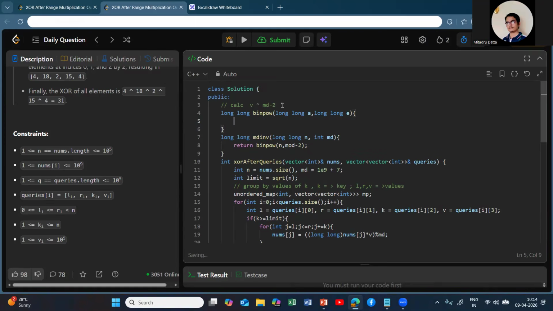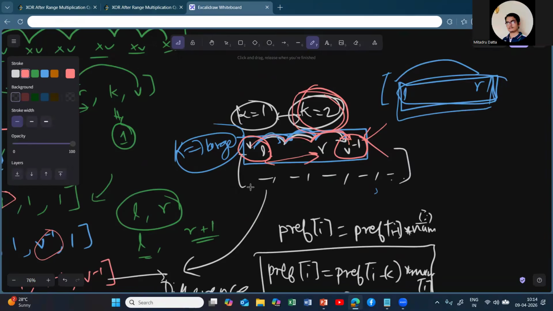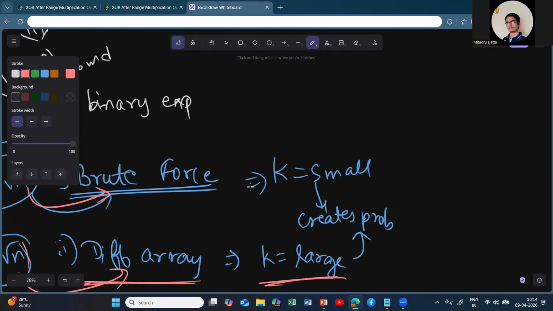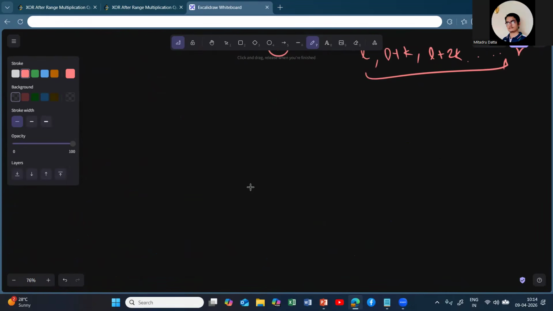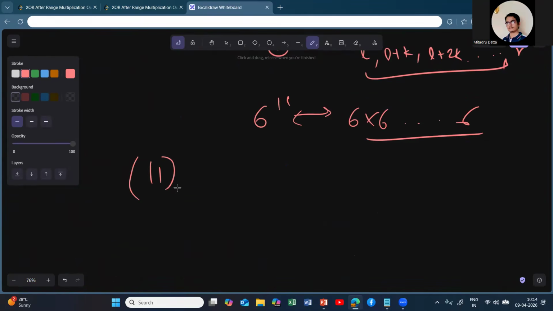So how will that look like? I will just quickly tell you about binary exponentiation. I have told you multiple times, but still, let's quickly go through it. If you do not know, I suggest you look it up on the internet also. So what we do, let's say we want something like 6 to the power 11. One obvious way is to multiply 6 eleven times. But in binary exponentiation, you write the binary representation of this 11, which is nothing but 1011, and you iterate through the bits of this 11.